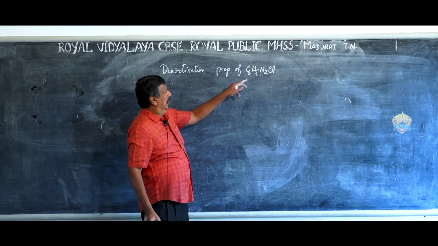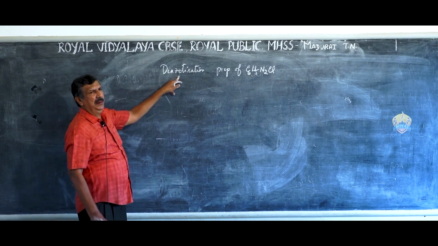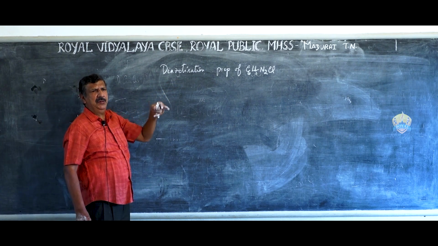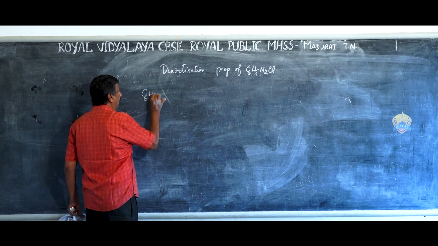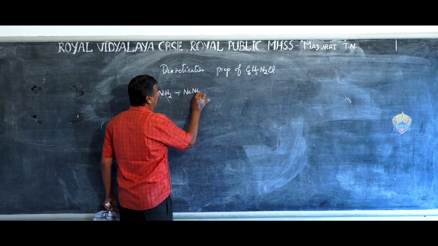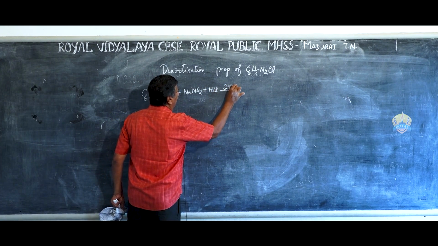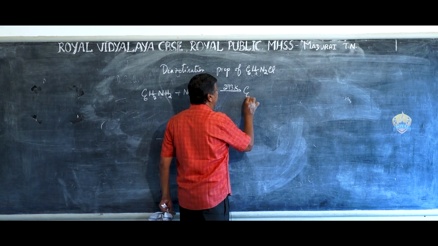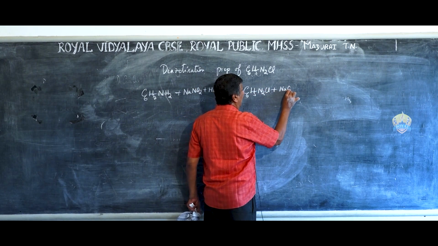You see, whenever you have an N2 in the middle, they name it as a diazo group. See how it is prepared? You take aniline. You treat with sodium nitrite and HCl at 0 degrees Celsius or 273 Kelvin. So the product will be benzene diazonium chloride, and these are the byproducts. That's all.